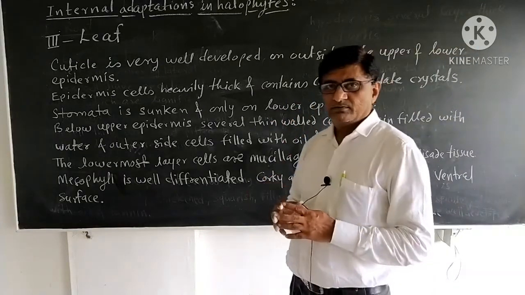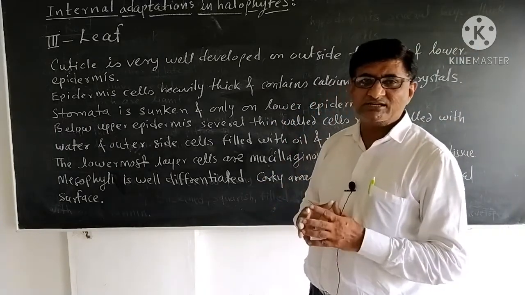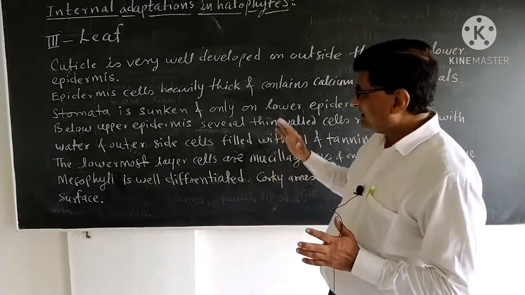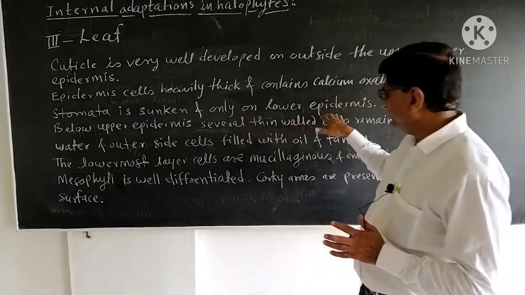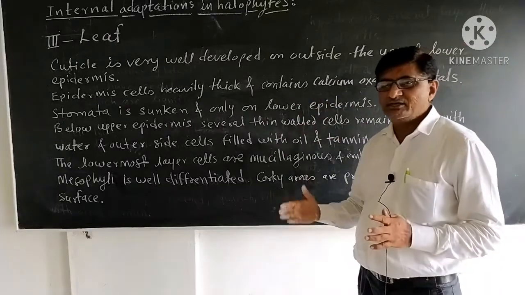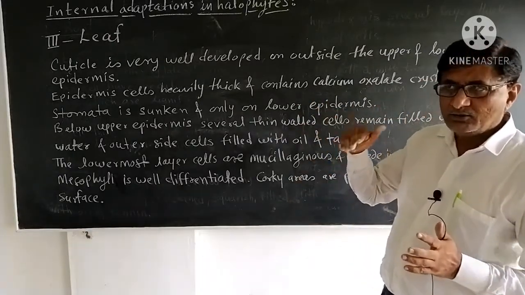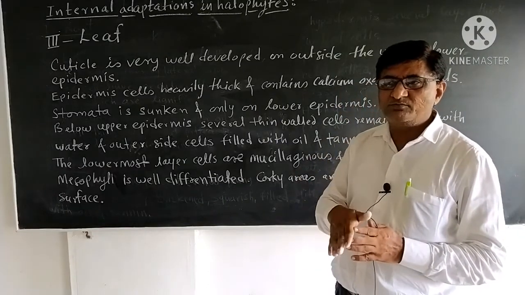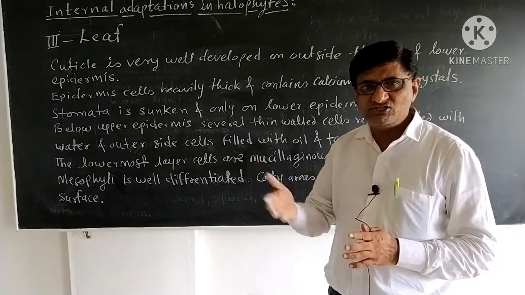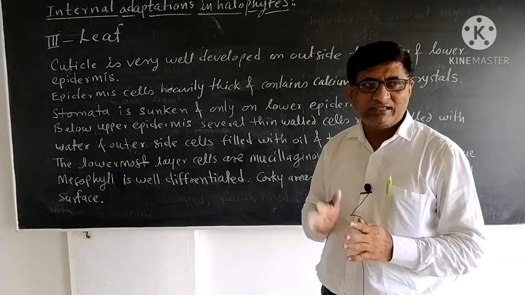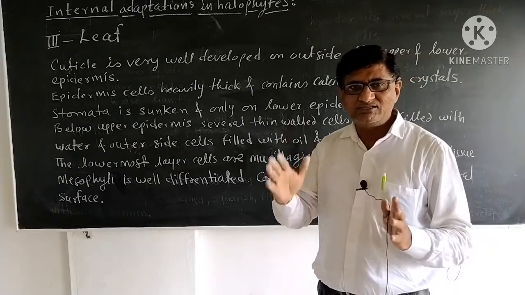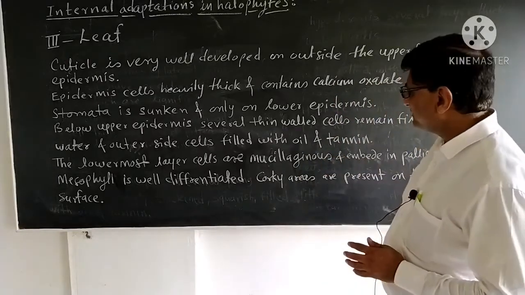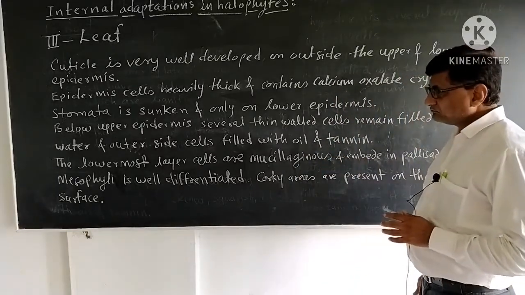In the leaf, the stomata are sunken in nature, present in a cavity, and the stomata are confined only to the lower epidermis. This is also a reason to check the rate of transpiration, because the lower surface of the leaf is not easily exposed to sunlight, so the stomata remain closed most of the time and stop the loss of water.